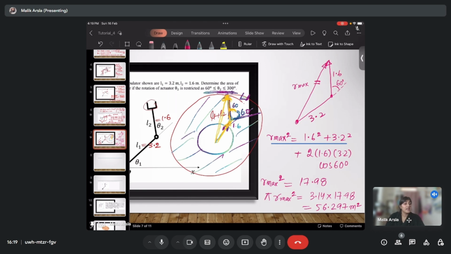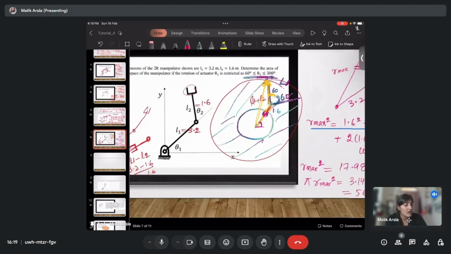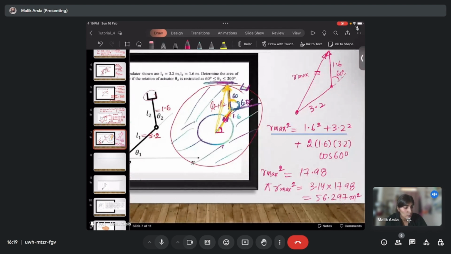Now, in the case of the inner circle, when we fold the link so that it overlaps, the effective radius is L1 minus L2. At that time there is no restriction on theta 1, right? Theta 1 can move completely 360 degrees. So there will be no change in the area calculation of the inner circle.